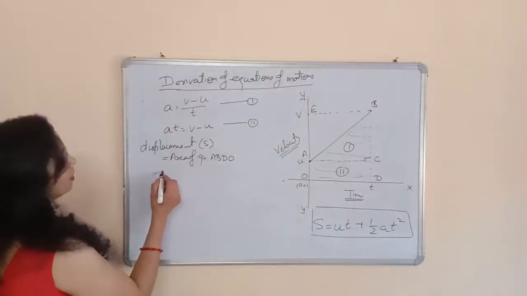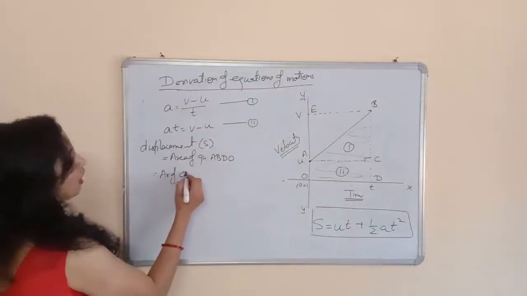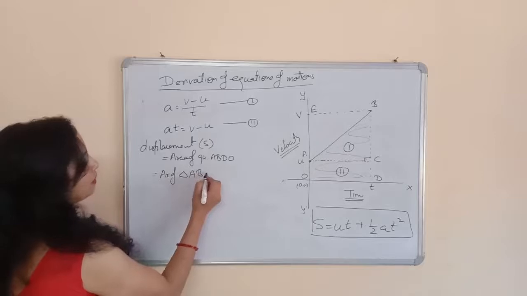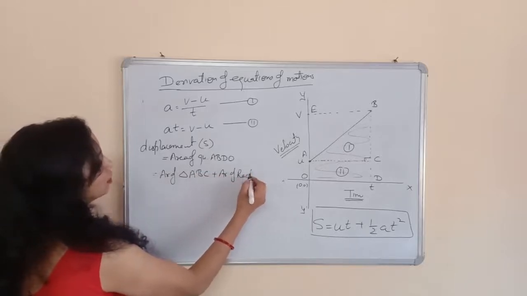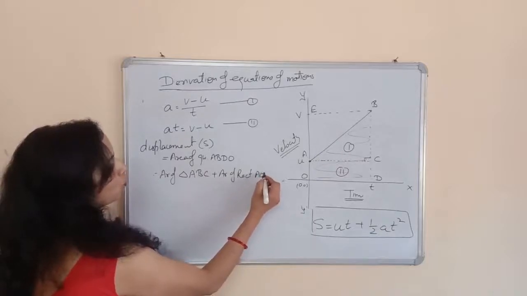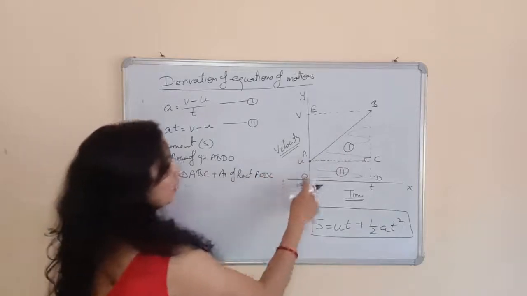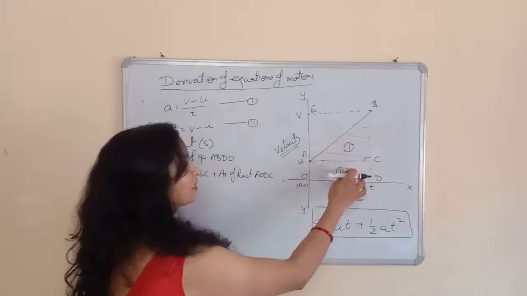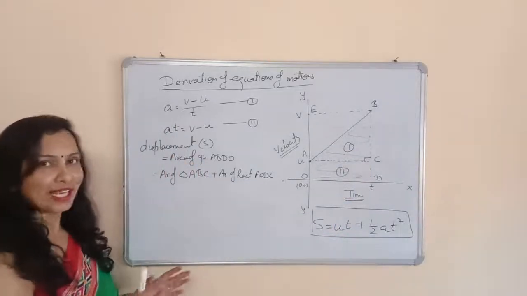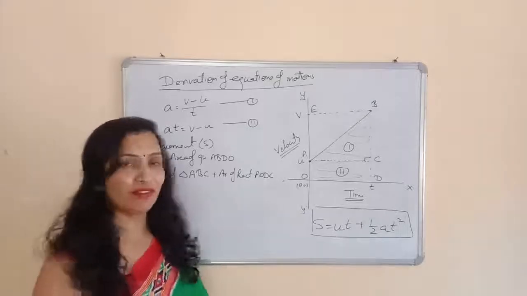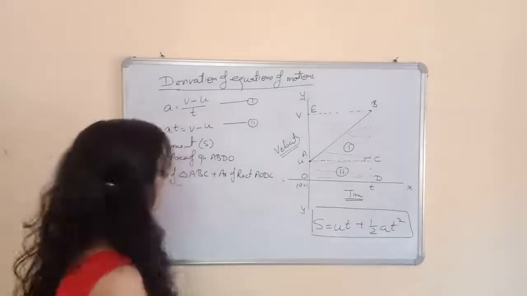So we will say like area of triangle ABC plus area of rectangle AODC. So area of triangle plus area of rectangle, we can say, will be the displacement. By finding the area of the triangle and the rectangle, we can find the displacement of the body.